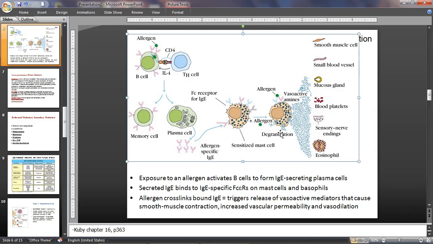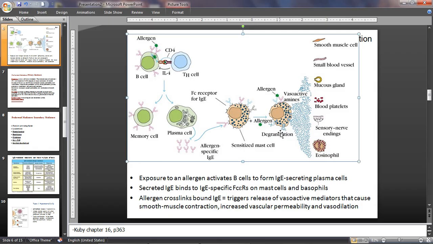Now this degranulation releases some mediators. These mediators could be vasoactive amines, cytokines, interleukins, tryptases, platelet activating factor, but the most important is histamine.